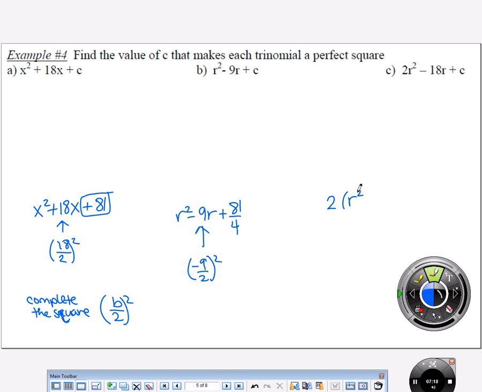This would leave r squared minus 18r. And I'm just going to leave a blank space right there because we didn't know what number was there before. So if I factor, sorry, it should be 9. If I factor a 2 out of it, it's not really going to matter. Okay?